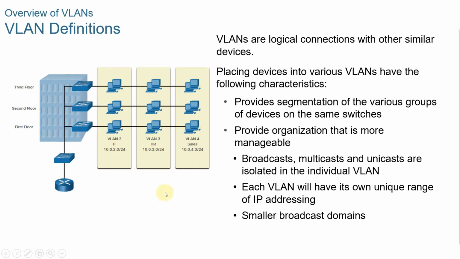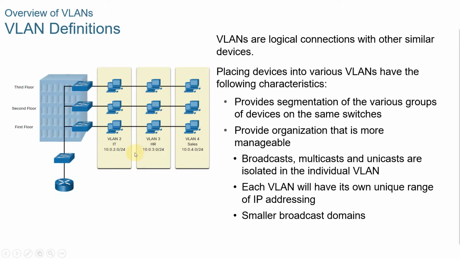VLANs in a switched network enable users in various departments, in this case IT, HR, and Sales, to connect to the same network regardless of the physical switch being used or location in a campus LAN. VLANs allow an administrator to segment networks based on factors such as function, team, or applications without regard to the physical location of users and devices.